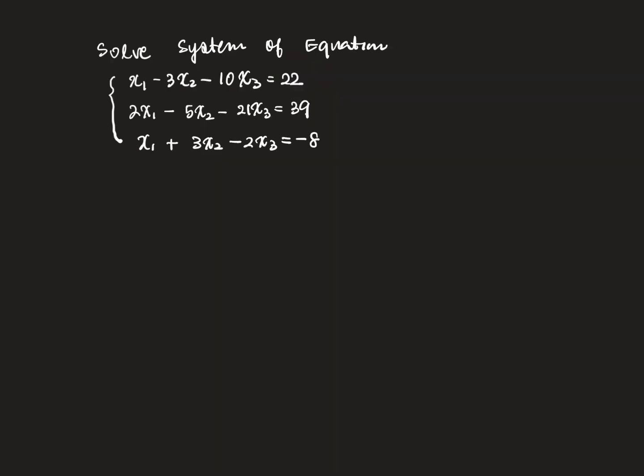Now we're going to use row operations to solve a system of equations. In this example, I'm going to give the direction of which row operation to use. Let's work together, guys. First, we write down the augmented matrix. The first row is 1, -3, -10, 22.